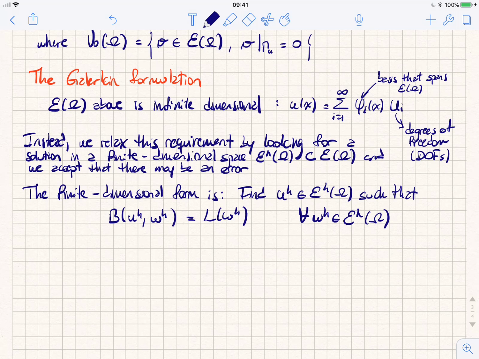You see that nothing changed from before, except for the fact that now our space is reduced. And so we can span that space with a few basis functions. Then depending on the number of those functions, we're going to arrive at a discrete system of equations that we can actually solve in a computer. And as we said before, if u^h and w^h belong to that space, this is called Galerkin.